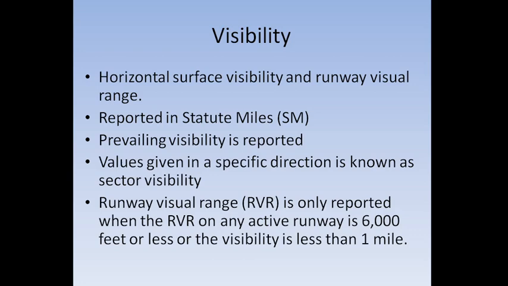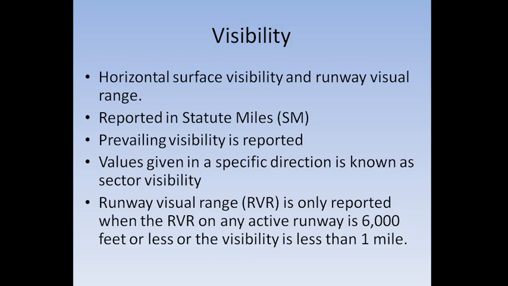Visibility is a horizontal surface visibility or the runway visual range, reported in statute miles. Prevailing visibility is reported. Values given in a specific direction is known as sector visibility. So you can have unrestricted visibility throughout your station, but you have one area. If you have a little bit of swampland or something, you get fog in that area, then you can say sector visibility is southeast.